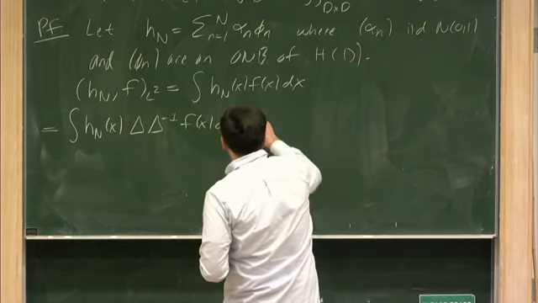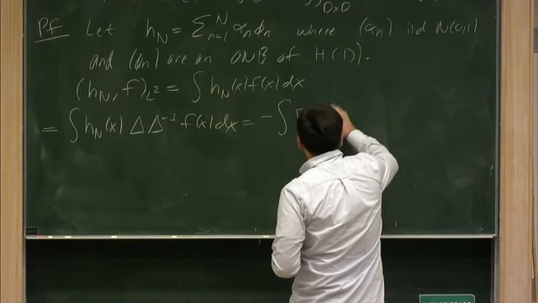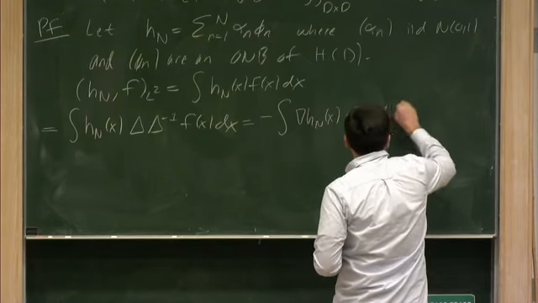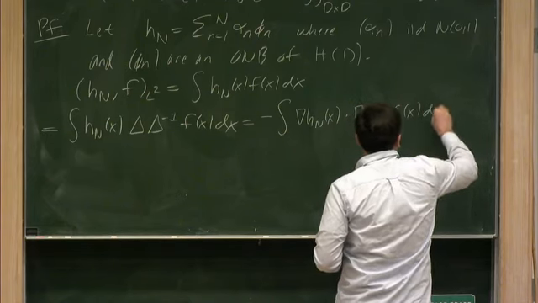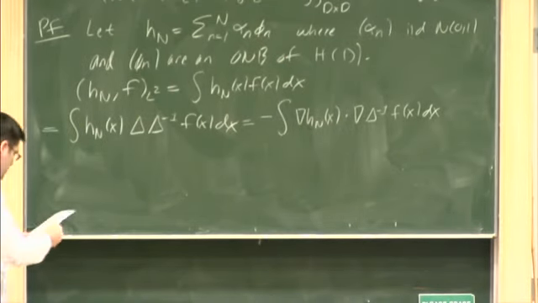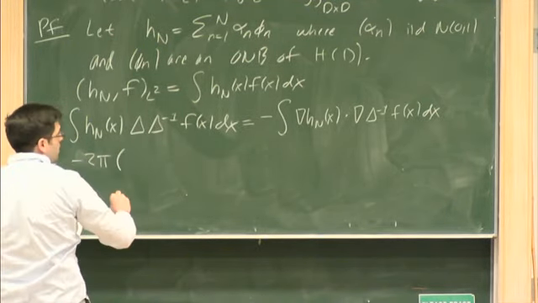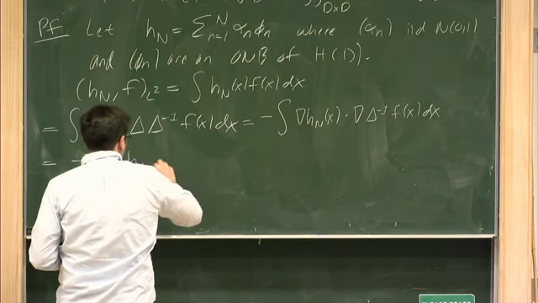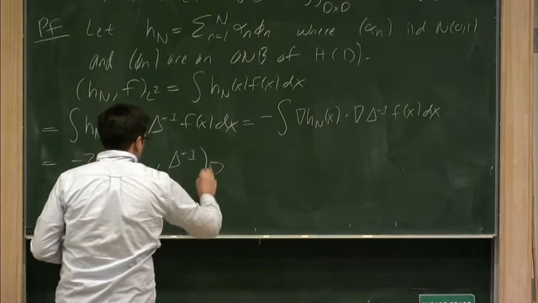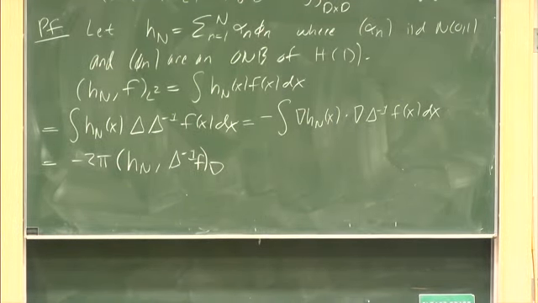Then I can do an integration by parts and get that this is equal to minus the gradient of h_n(x) dotted with the gradient of the inverse Laplacian of f(x). And this is the same thing as minus 2 pi times the Dirichlet inner product of h_n with the inverse Laplacian of f. OK, so just a little bit of calculus.